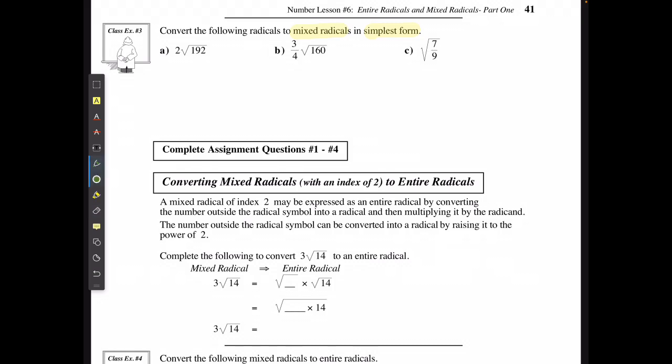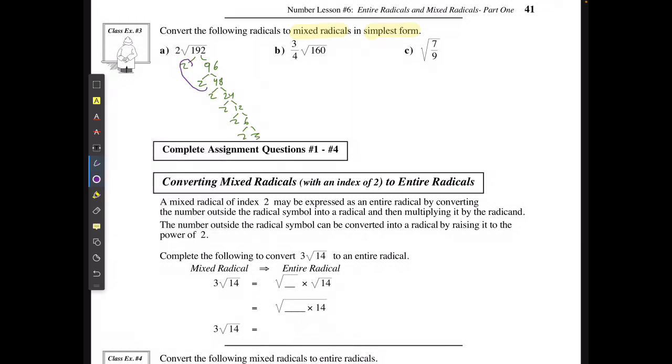If I take the square root of 192, then that's going to give me 2 and 96, 2 and 48, 2 and 24, 2 and 12, 2 and 6, and 2 and 3.